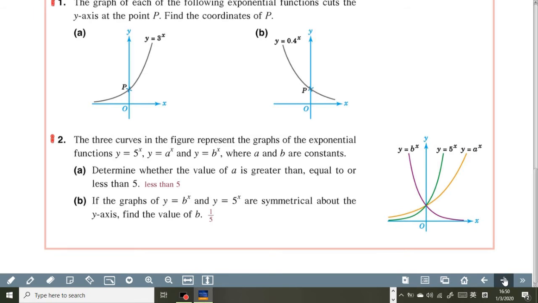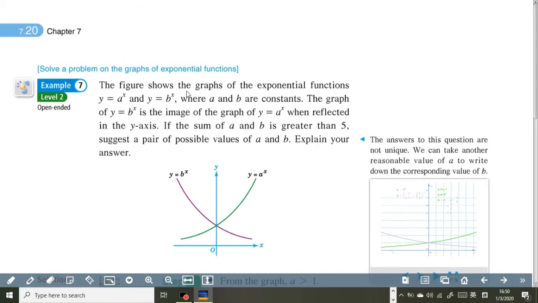One more example about graphs. The figure shows the graph of the exponential functions y equal to a to the power x and y equal to b to the power x, where a and b are constants. You can see that here you will find two graphs.